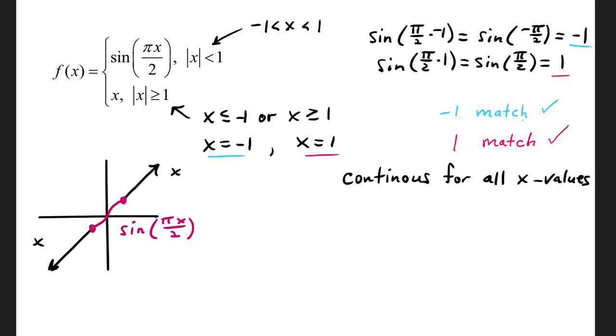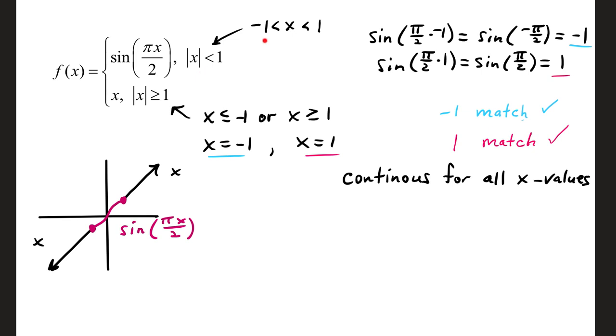This function is also a piecewise function. Absolute value of x measures the distance that an x value is from 0 on a number line. This top piece, sine of pi over 2x, is defined as long as the absolute value of x is less than 1.